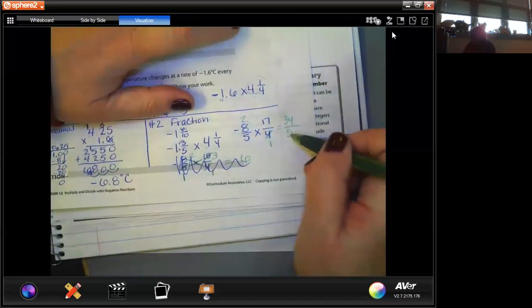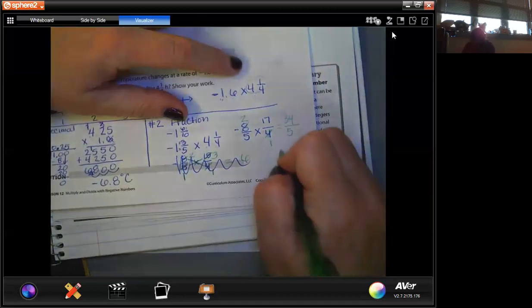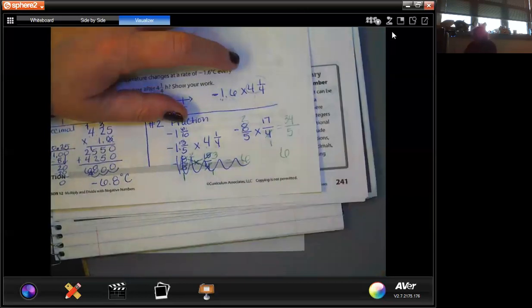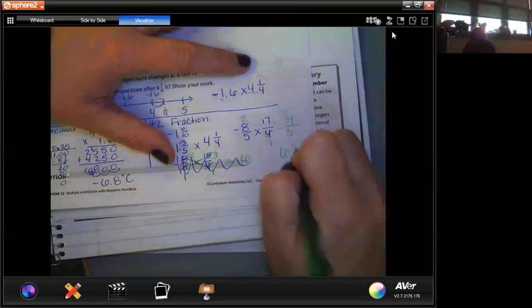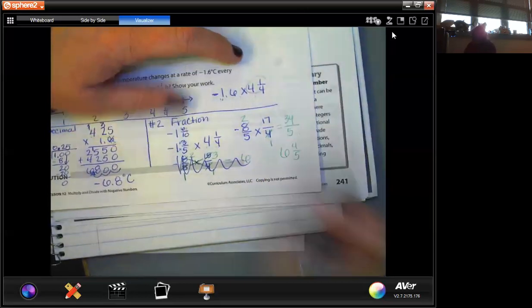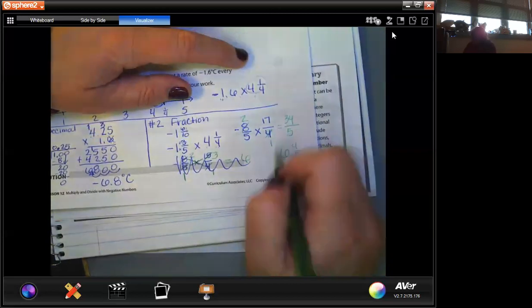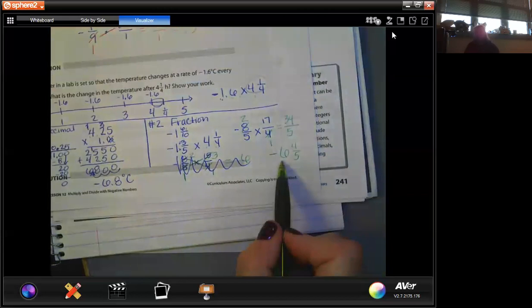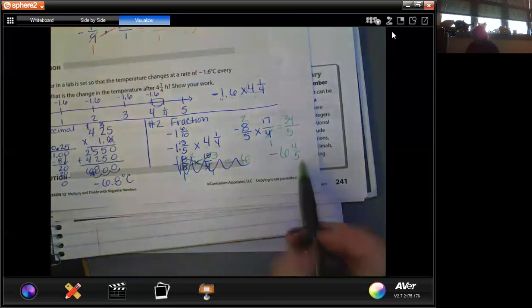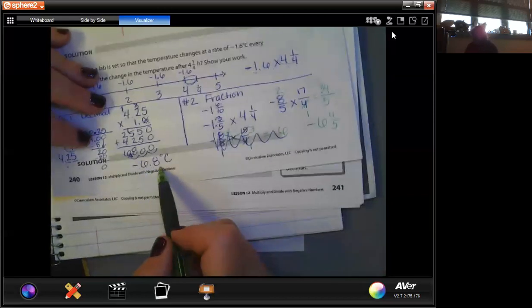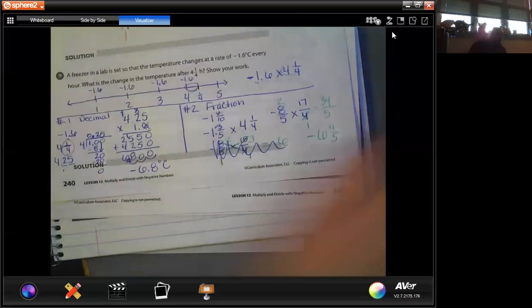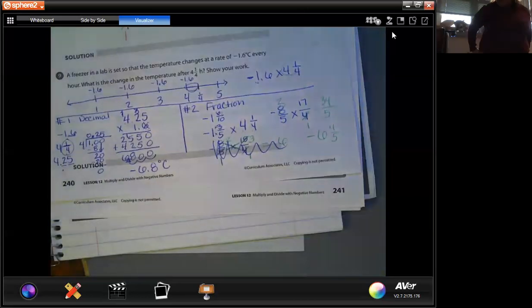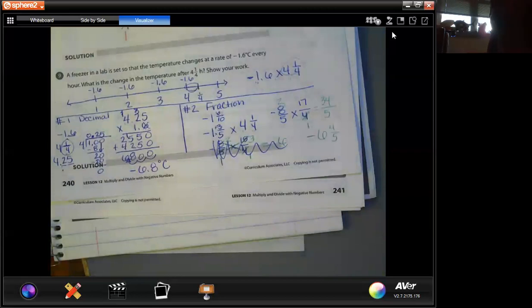And 5 goes into 34 6 whole times, and 4/5 left over. And then a negative times a positive is a negative. And if you think about it, 6 4/5 is the same as negative 6 8/10. Okay, so those were your answers from your assignment from yesterday.